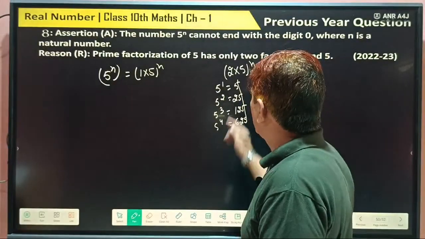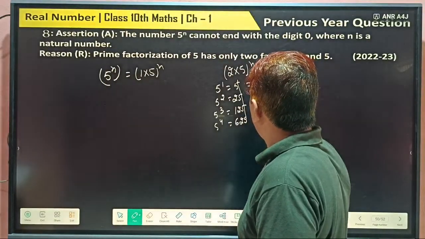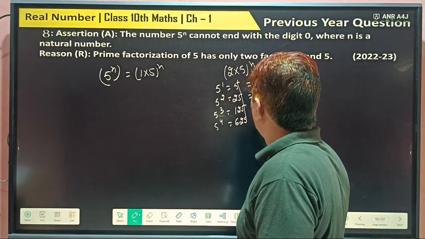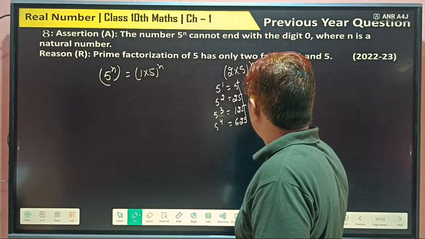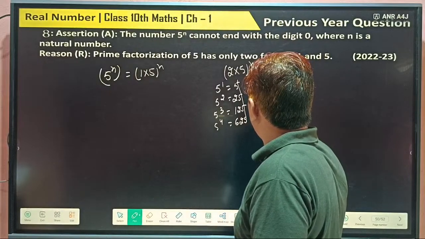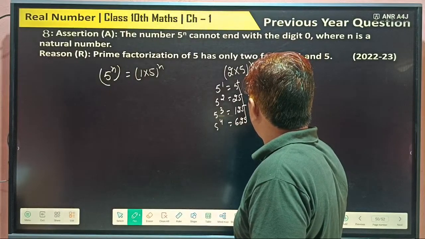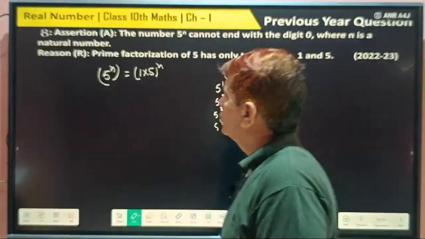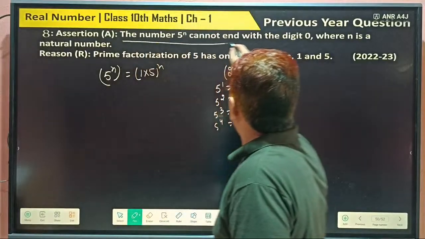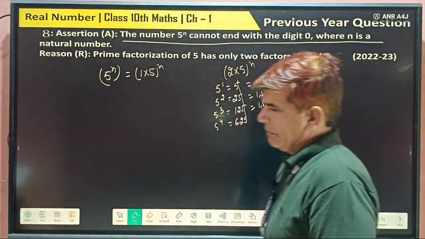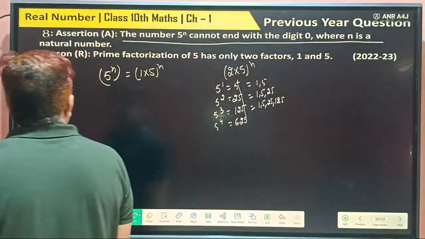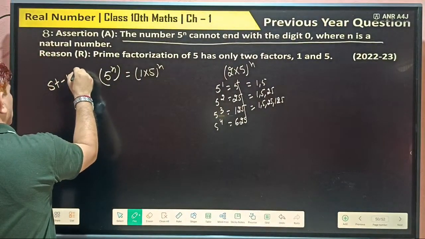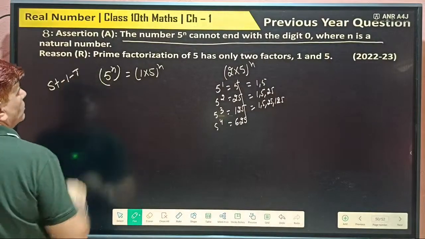But the factors here are only 1 and 5, and for 25 and 125 as well, 2 is not a factor. So statement 1 is right. Statement 1 is true.